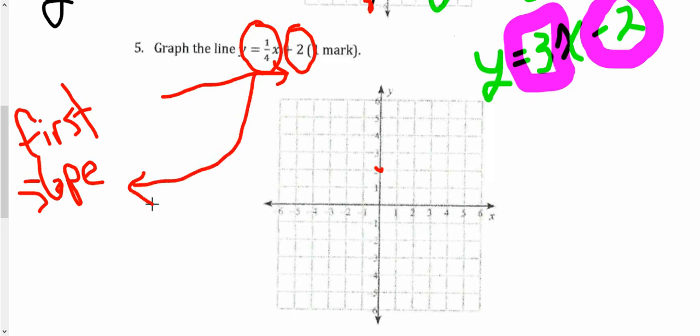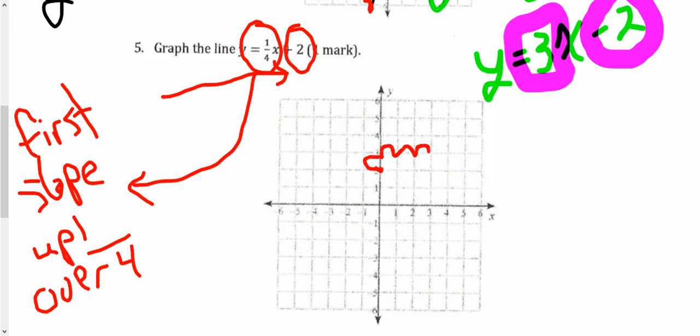Well, that's 1 over 4, which means it goes up 1 and over 4. So from here, I'm going to go up 1 and then over 4. 1, 2, 3, 4. So I'm just going to put a line right through those 2 spots. There we go. There you go. I just graphed the line. So remember, we start at the y-intercept, and then we do the slope.